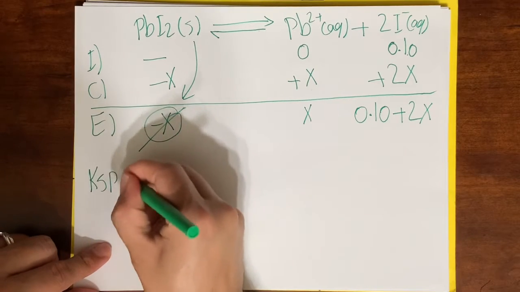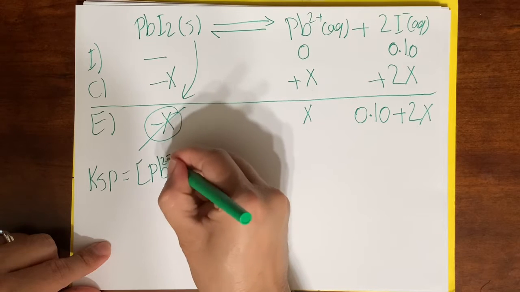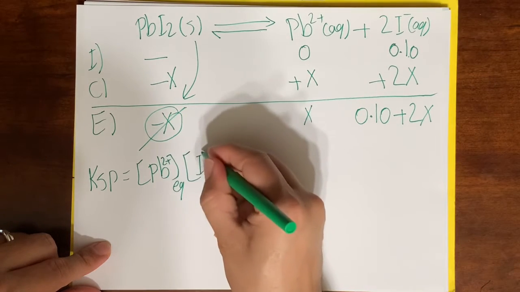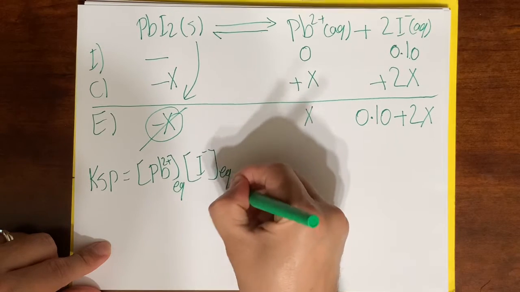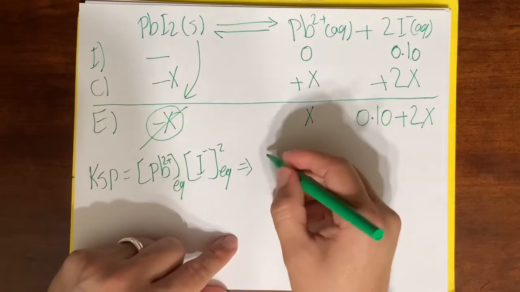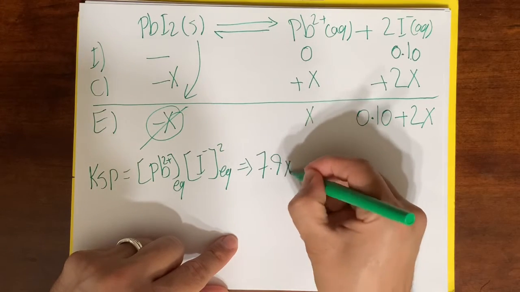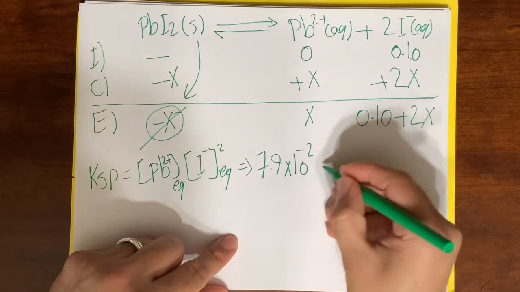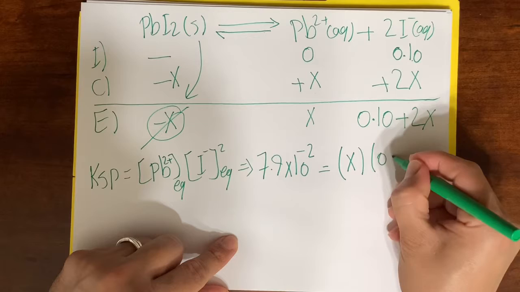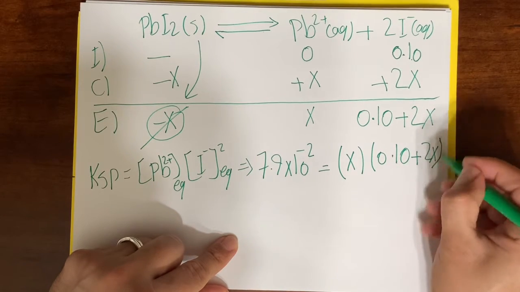Ksp is equal to the concentration of lead multiplied by the concentration of iodide squared. So Ksp, which is 7.9 times 10 to the power of minus 2, equals X times (0.10 plus 2X) to the second.